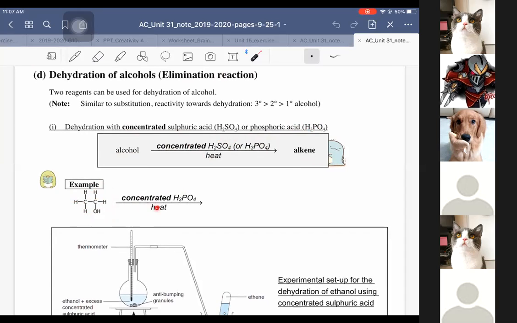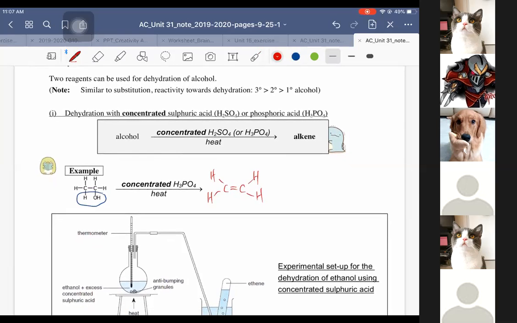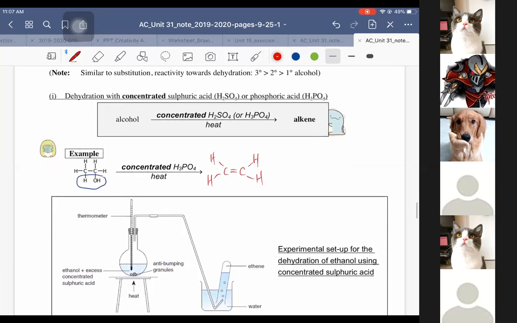By using the catalyst and under heating, we will be able to remove the water. After removing the water from the ethanol, we will have our product, which is the ethene molecule. So that's the first catalyst that we can use.